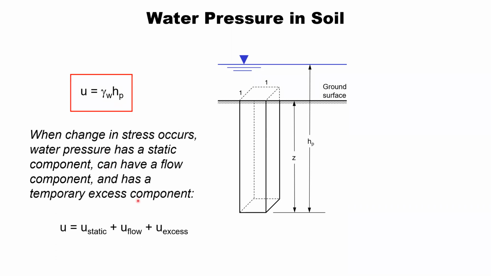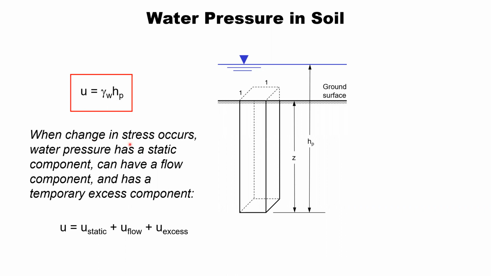We may also develop what we call an excess water pressure, and this occurs when we have changes in external stress, whether that means you're adding a new layer of material on top of the ground surface, moving construction equipment across the ground, or moving a pipeline over the top of a new area.